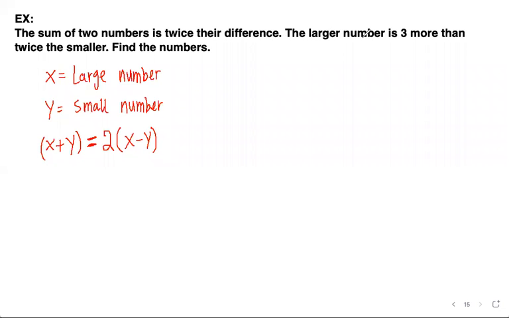So this is the first equation, equation number 1. The large number, x, is equal to 3 more than twice the smaller: x equals 3 plus 2 times y. So this is my equation number 2.